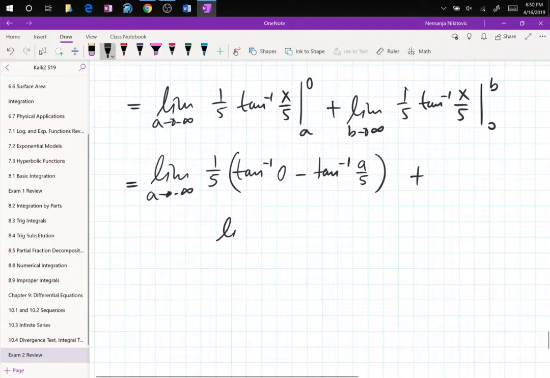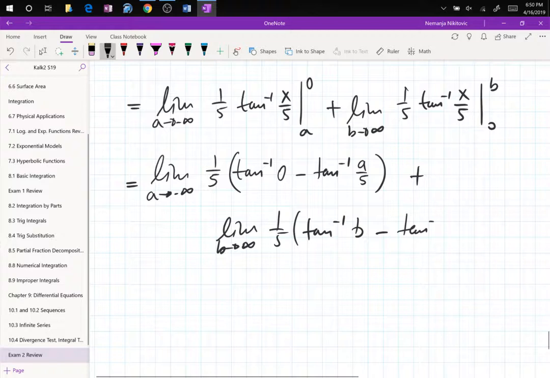Plus limit b goes to positive infinity of 1/5 tangent inverse of b over 5 minus tangent inverse of 0. Now, tangent inverse of 0 is 0, so we don't have to worry about that. And now, b over 5, that's what I said, please pay attention.